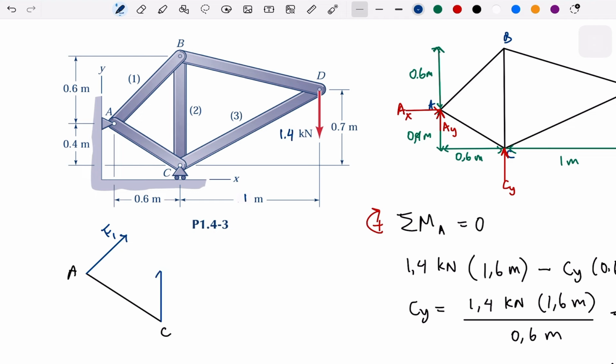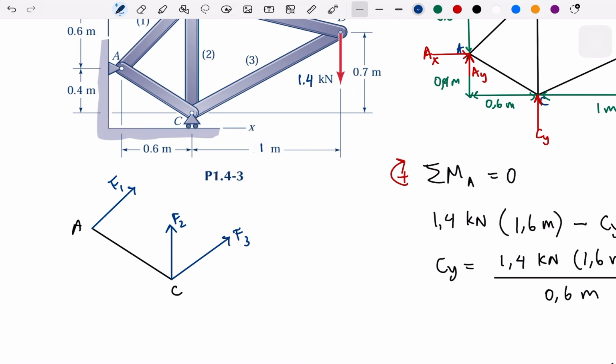This will be F2, and this will be the F3. Okay, now some important distances that need to be written here. This distance will be 0.4. This is 0.6.